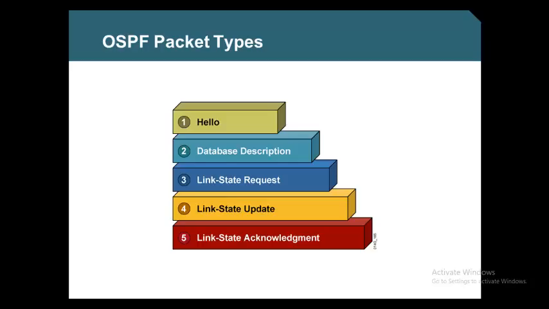Now, after forming neighbors, they share their database. The database is shared not in a detailed manner, but in a summarized manner. That summarized database we call here DBD, database description.